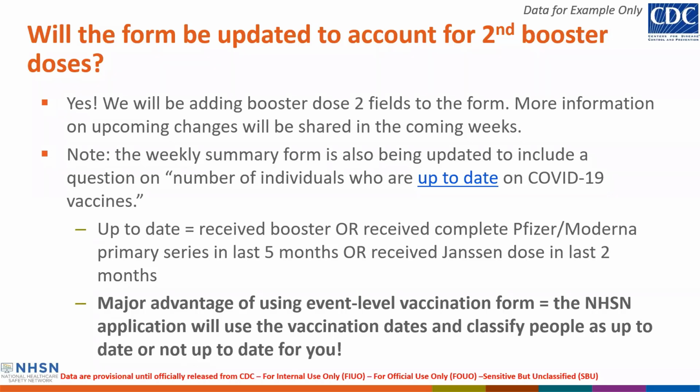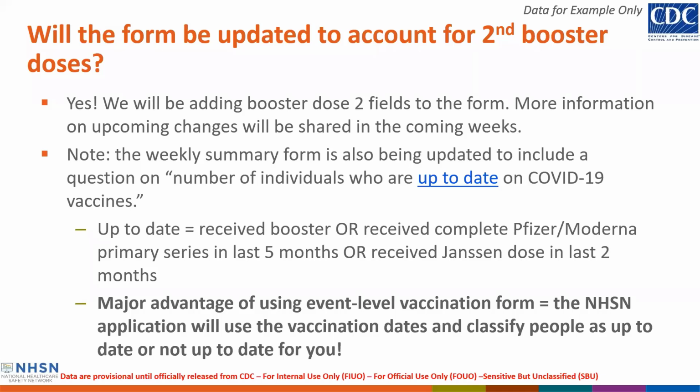And also for the only 1 versus 2 or more booster dose fields, the application will also, when using the event level form, make those classifications for you as well. So it really just takes all of the more difficult work out of it, because for the event level form, we will be adding additional booster dose fields. So it will say booster dose 2, and we'll likely also be adding booster dose 3.